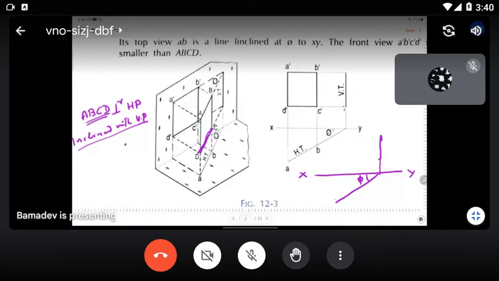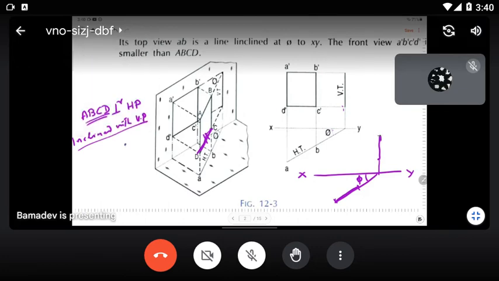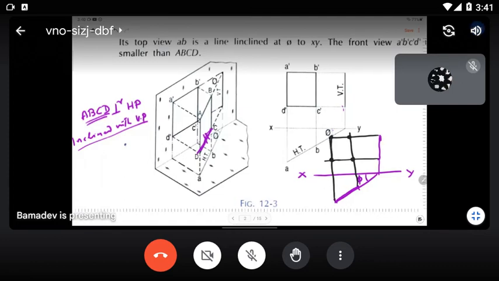This side is known to you. So make a cut here, which is equal to this side. Now draw projectors from here, here, here, and here. So these are the 4 points, and join them.